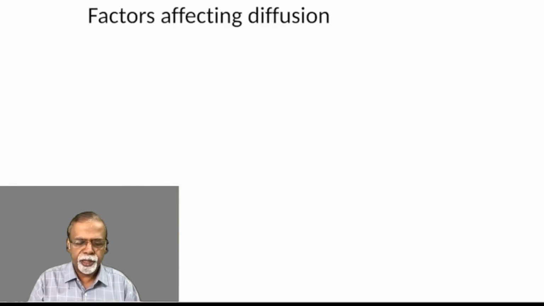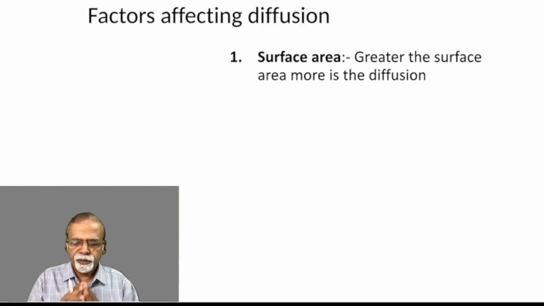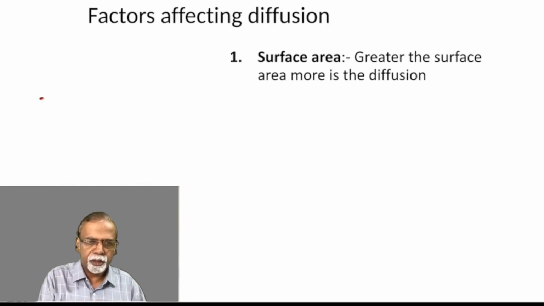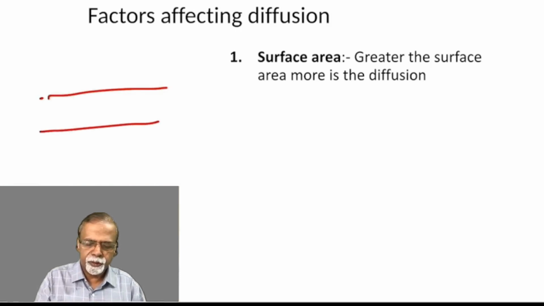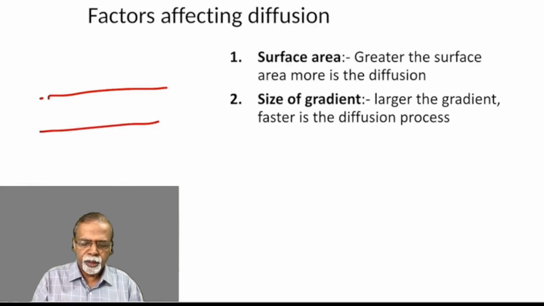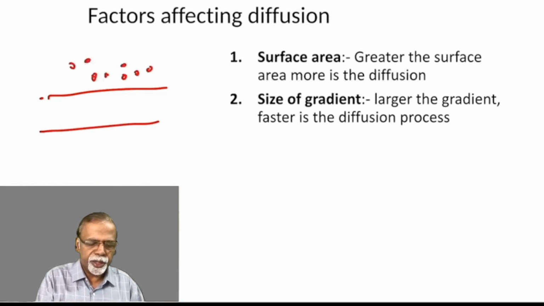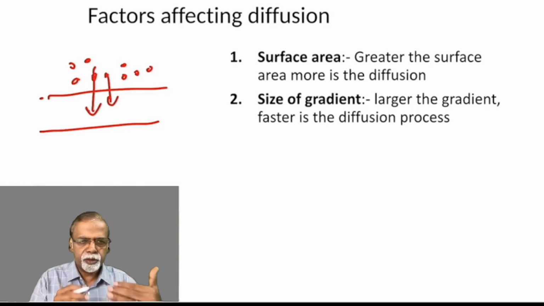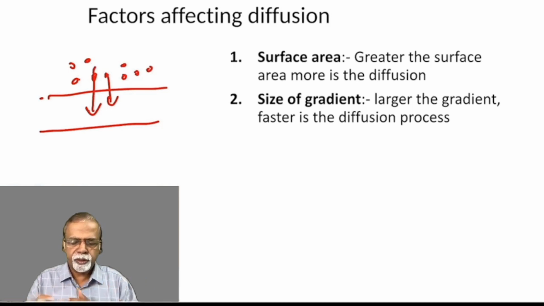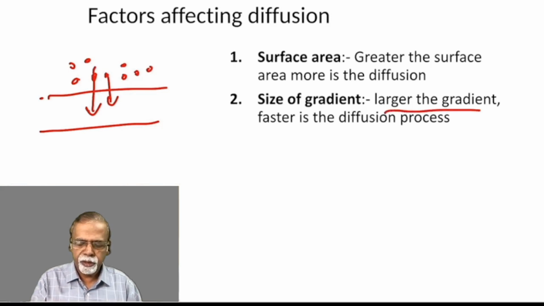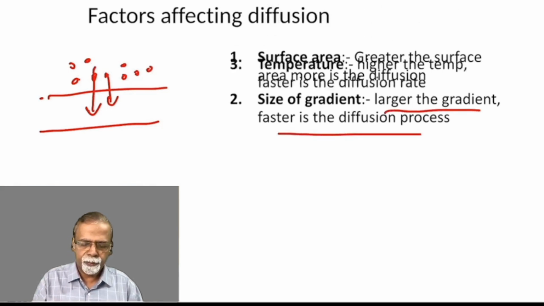A few points related to diffusion. What are the factors affecting diffusion? The surface area is an important thing. The larger the surface area, the greater the diffusion. Second is the gradient. Diffusion always goes depending upon the gradient. The higher the concentration, the more it will be, and the size of the gradient is very important. The larger the gradient, the faster the diffusion process.